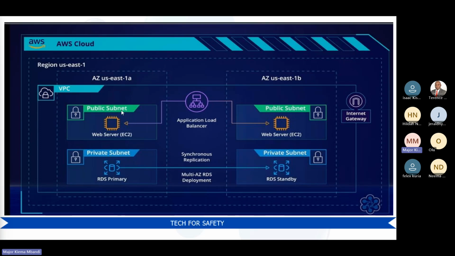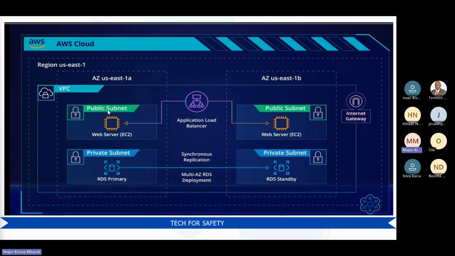Because if you just deploy EC2 instances, scalable in a single availability zone, we're able to cater for scalability, but you'll not cater for highly available, designed for failure. That's why you are normally recommended to use application load balancer. And if you have more than one, make sure you have instances running in the two availability zones.